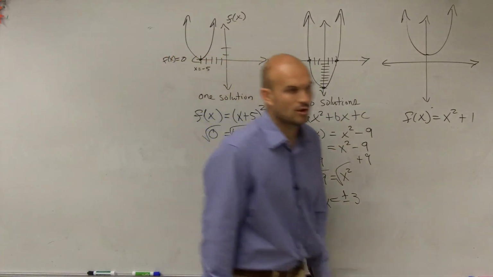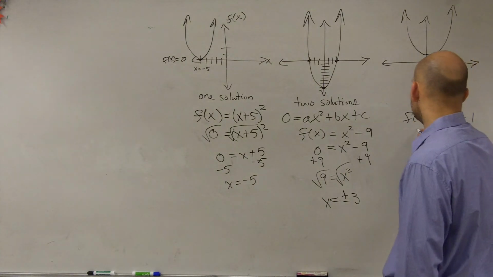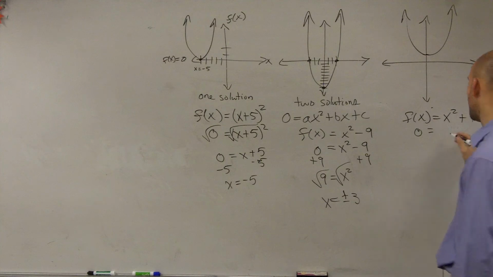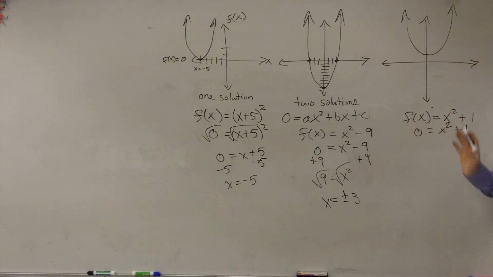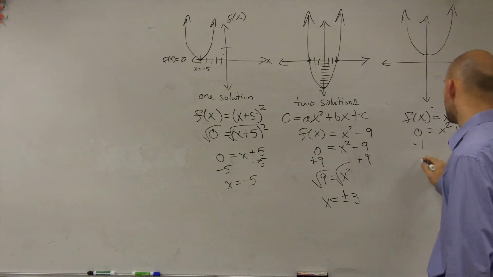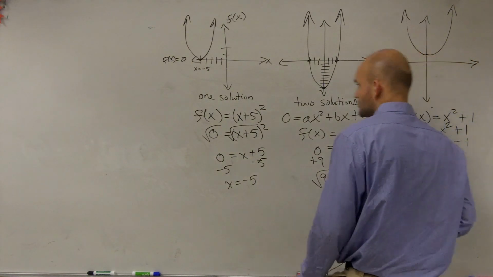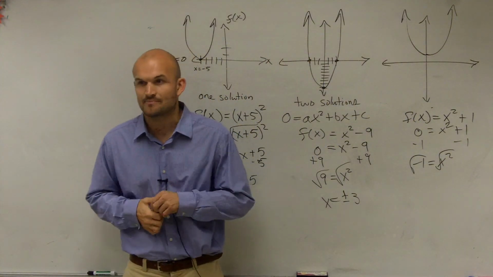Now, let's look at one more when we have no solutions. All right? So if I have, again, I set that equal to 0, because I want to find the zeros, or now when I have it as an equation, I'm going to find the roots. Same thing. I subtract the 1 to the other side, so I get negative 1 equals x squared. Take the square root. So what 2 numbers multiply to give you a negative 1 that are exactly the same?